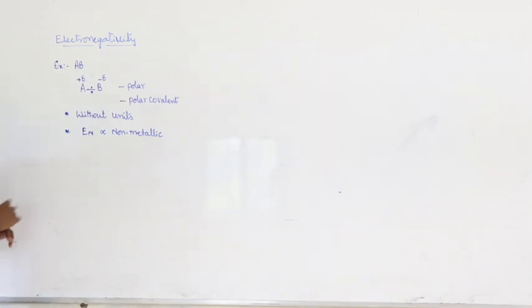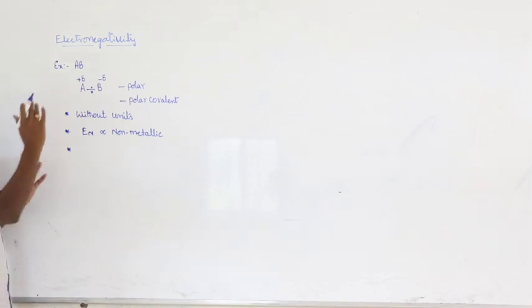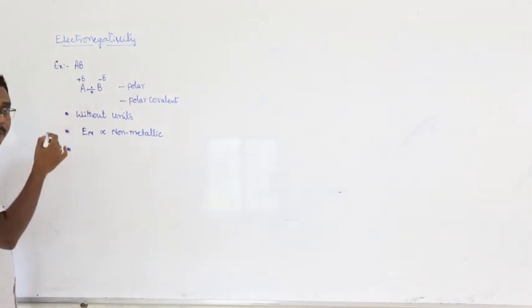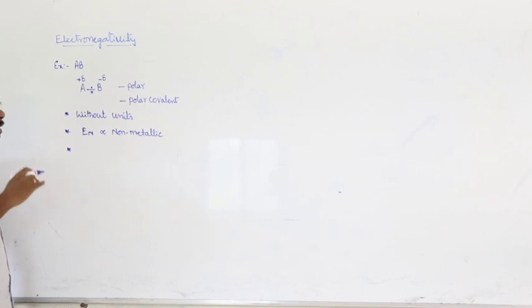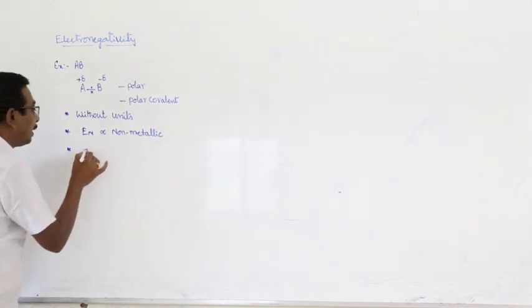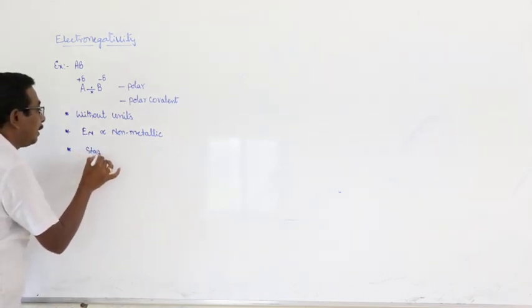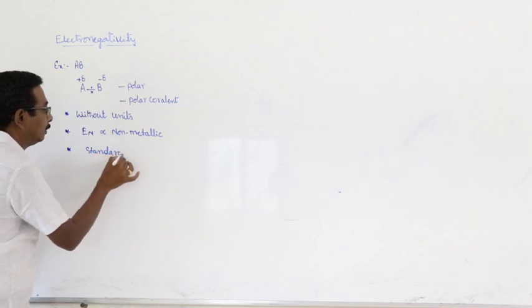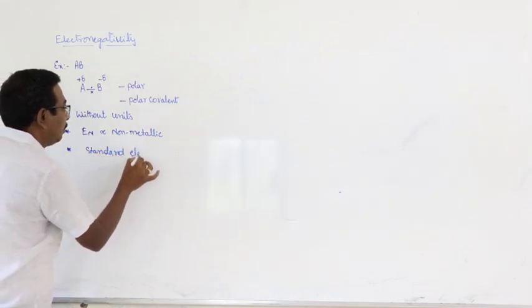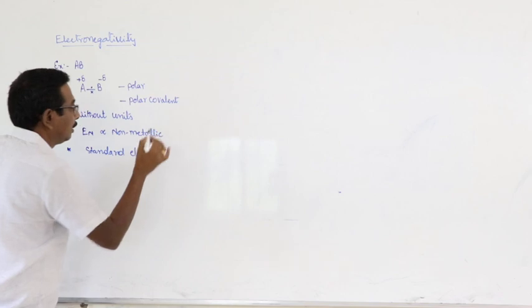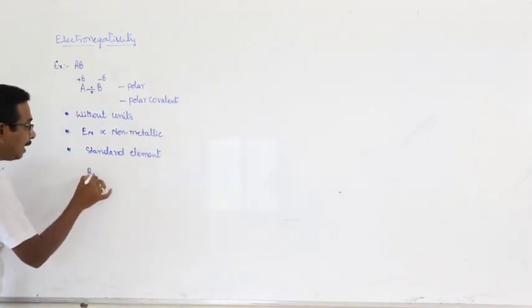What is the sense of that? Here, the electronegativity of a bonded atom can be measured or calculated by taking a standard element. That means it is a relative property.